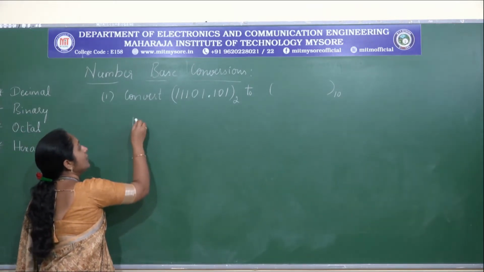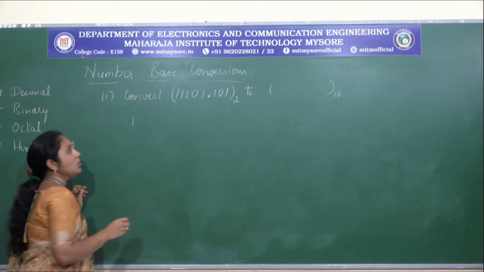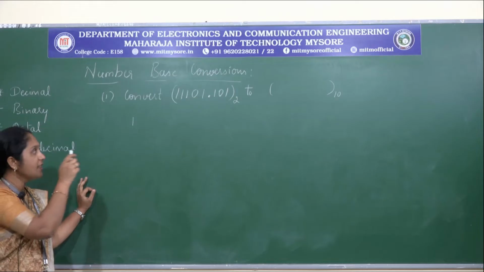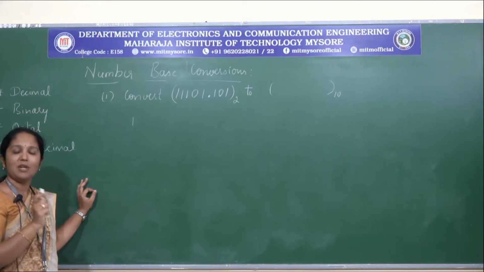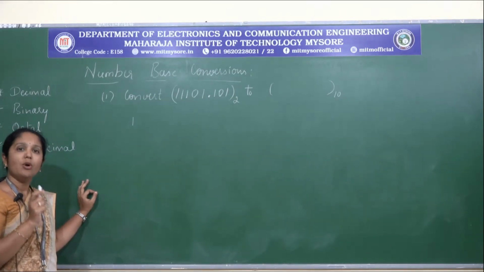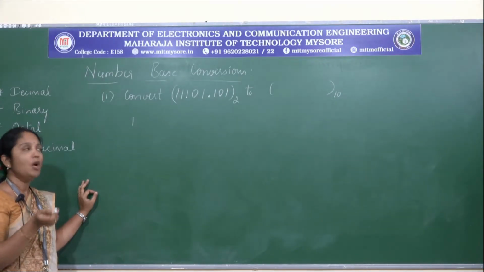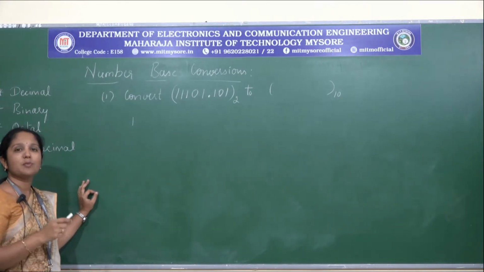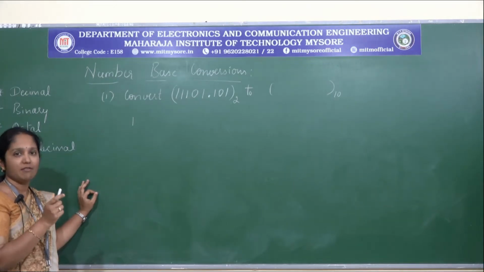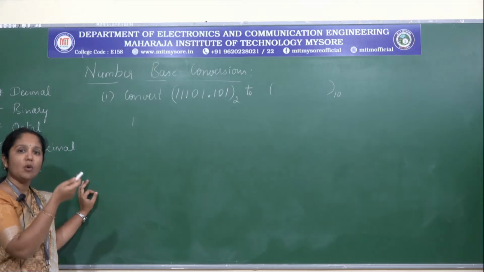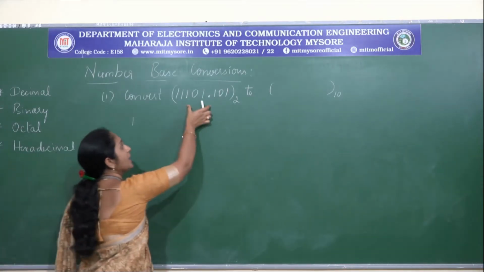In order to convert any given number into a decimal number, we just need to express that number in expanded form. In the previous class we have seen how to express any given compact number in expanded form. If you just express it in expanded form and find the equivalent, then you will get the decimal equivalent of this binary number.